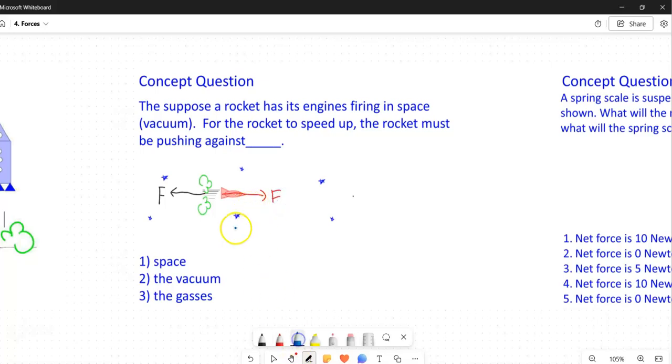That will then cause the rocket to create an acceleration vector and start speeding up relative to the size of its mass. These gases are going to be moving very quickly. Since they have an itty bitty little mass, their acceleration vector is going to be huge in comparison to the rocket. So it is pushing against gases.